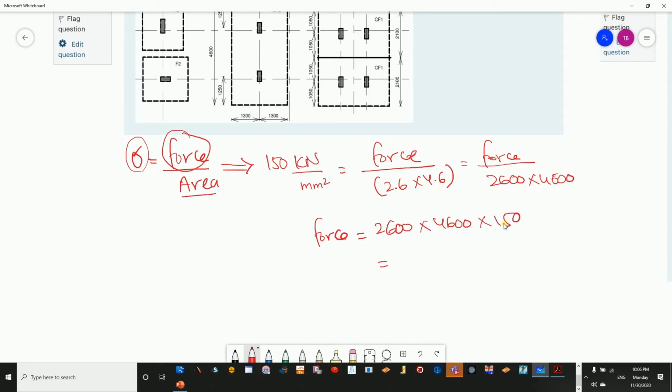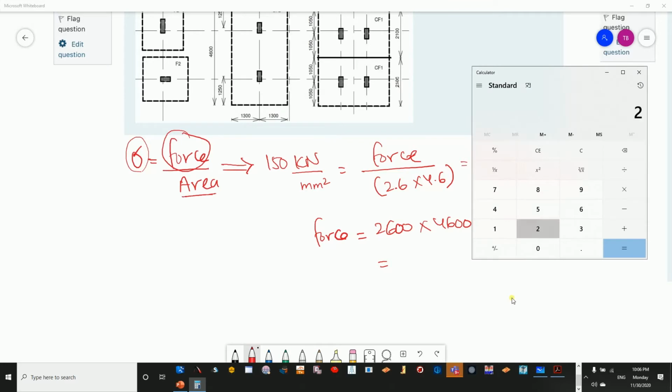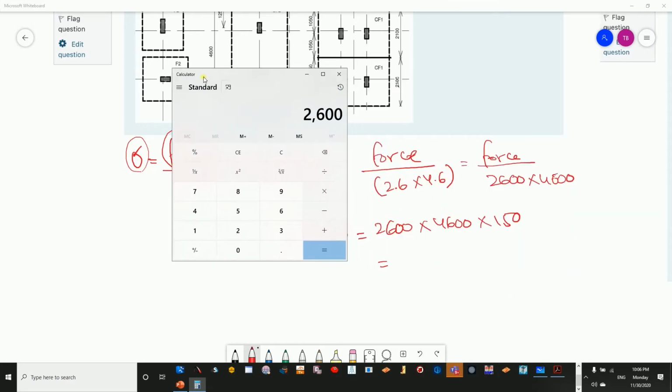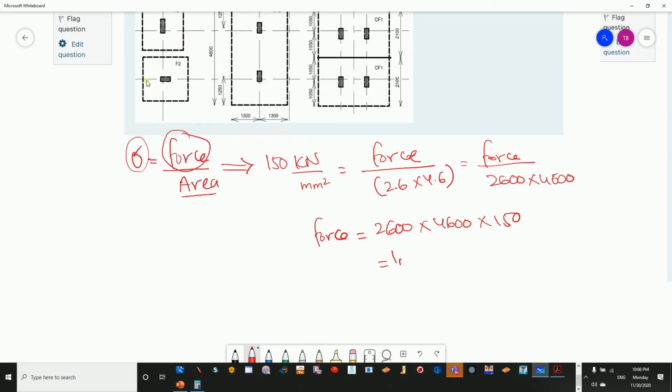Let us return to our calculator. So 2600 multiplied by 4600 multiplied by 150, which will give you 1 million.